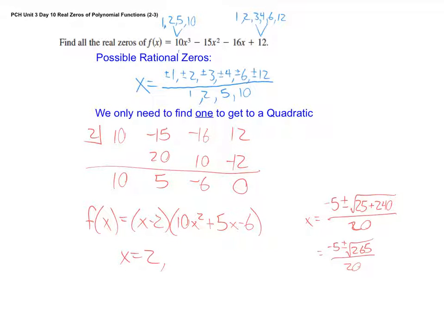That was the only one that would have worked, because 265 is not a perfect square. That's 5 times 53, so that's actually simplest radical form. So there wouldn't be another one from that method.